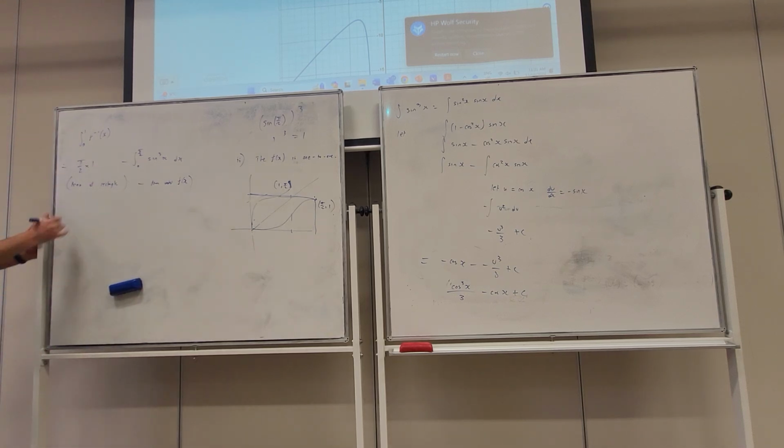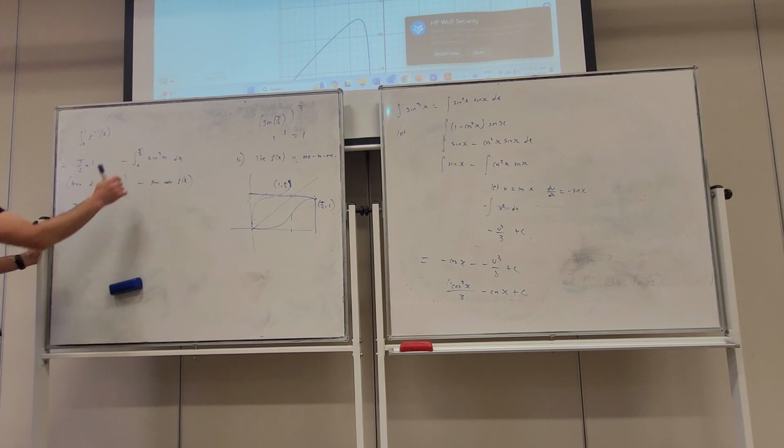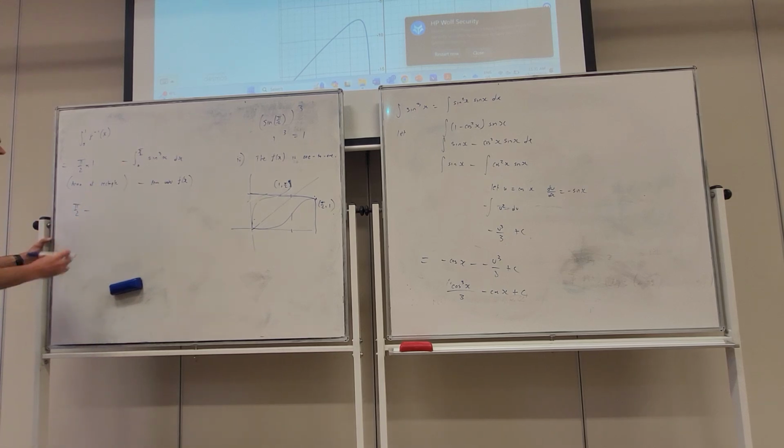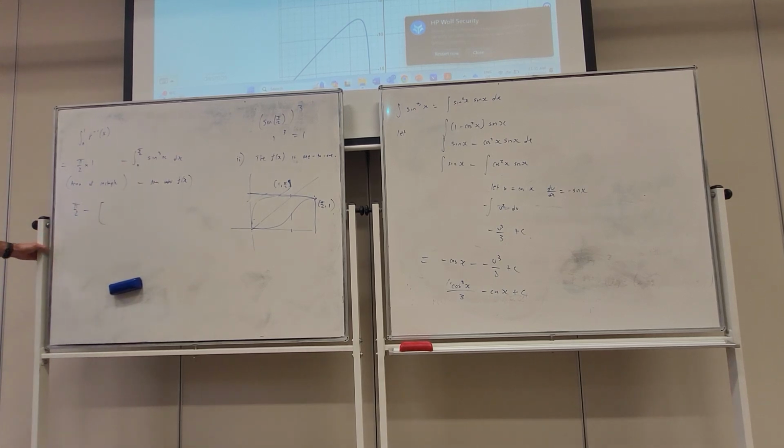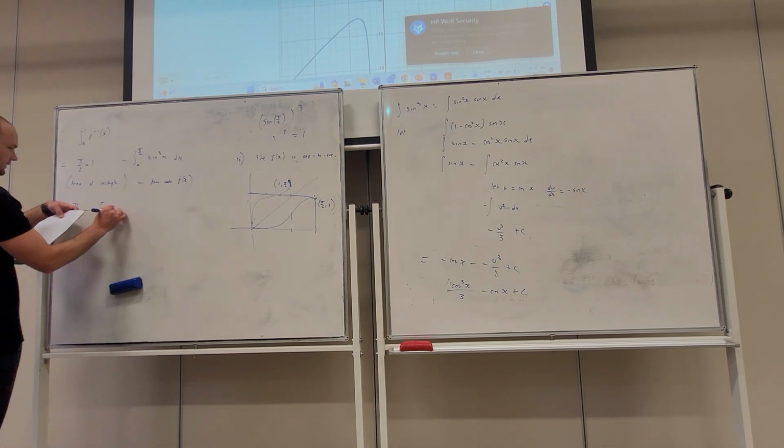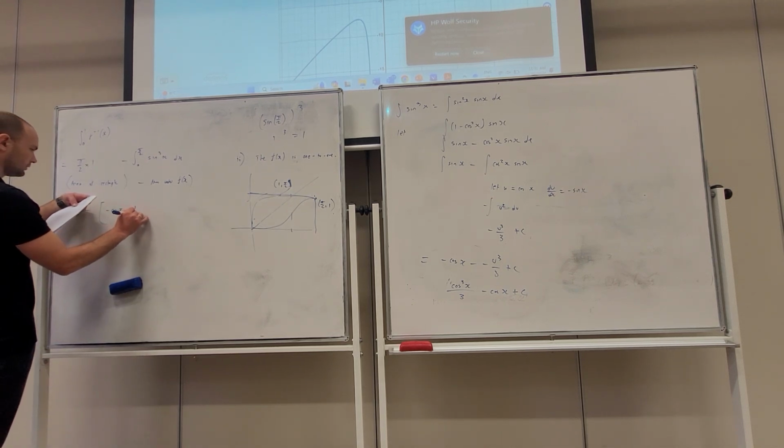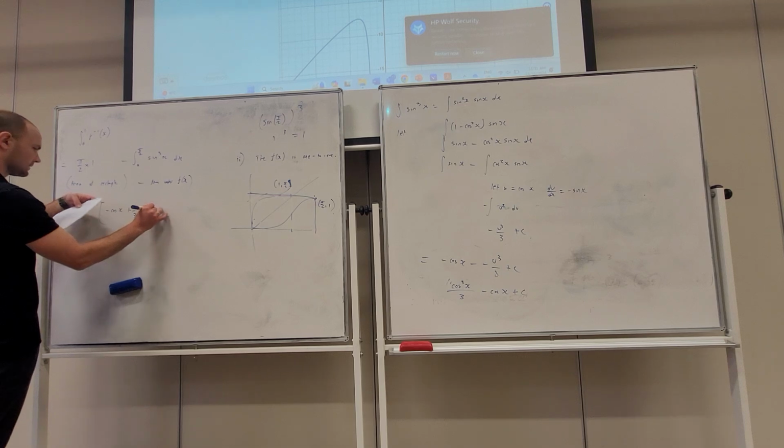Alright, so that might be the best way to communicate it, which gives us pi on 2 take away the integral from 0 to pi on 2 of sine to the 3x. We know that that integrates to, we'll just copy what they've got, minus cos x plus a third cos to the 3x from 0 to pi on 2.